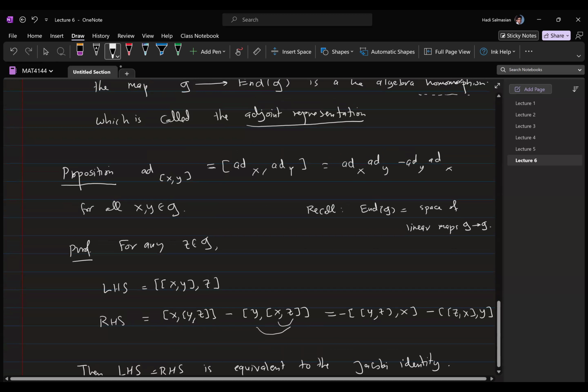You can add maps and take linear combinations, but you can also compose them because they're going from G to G. With this composition, it becomes the product of an associative algebra. So this is an associative algebra. It's isomorphic to the matrix space M_d(C) if I'm doing complex Lie algebras, where d is the dimension of G.